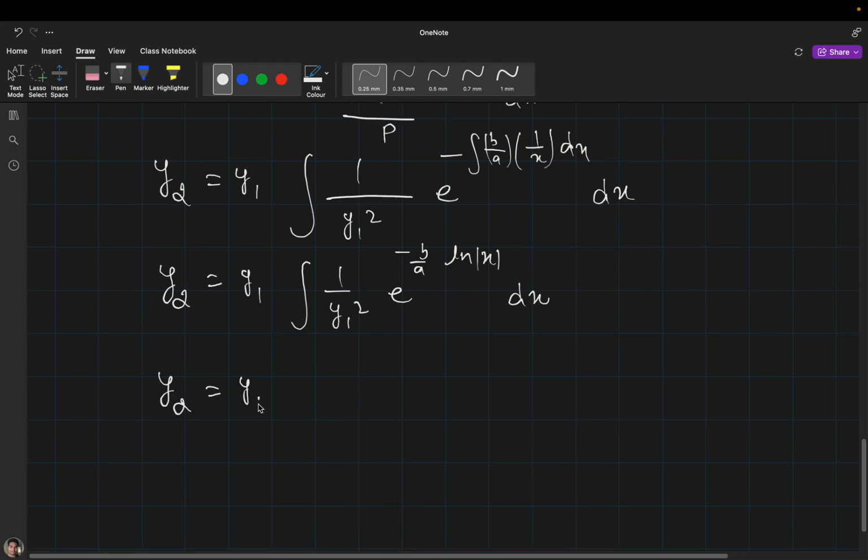Okay, so I can rewrite it like this. You can see that I can also write ln mod of x raised to the power minus b by a, dx.